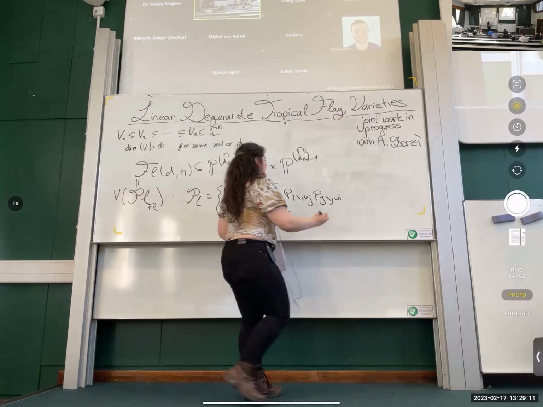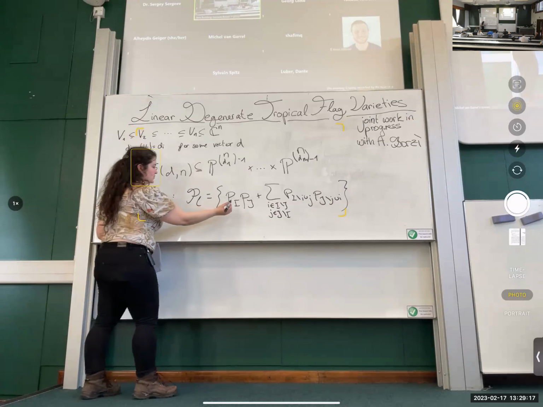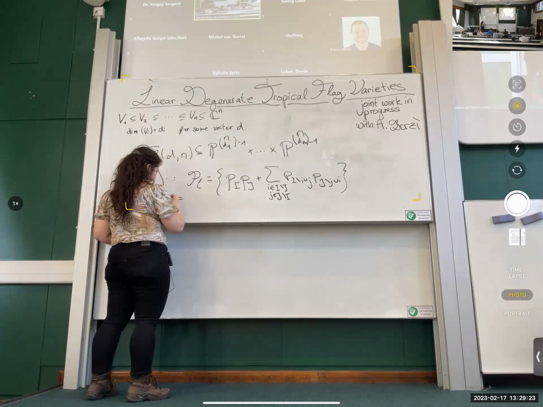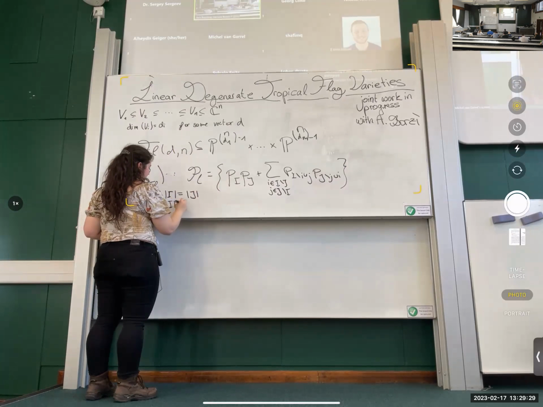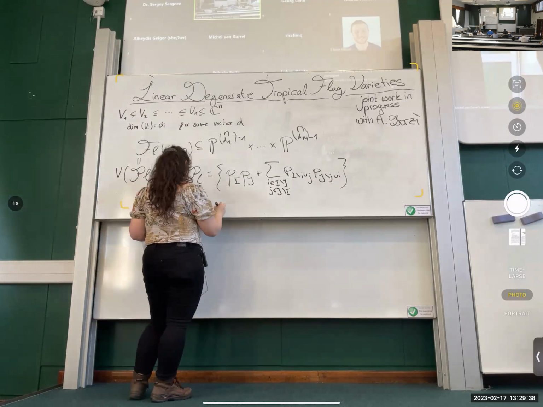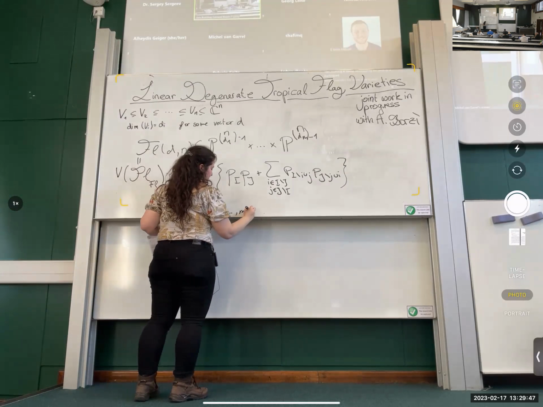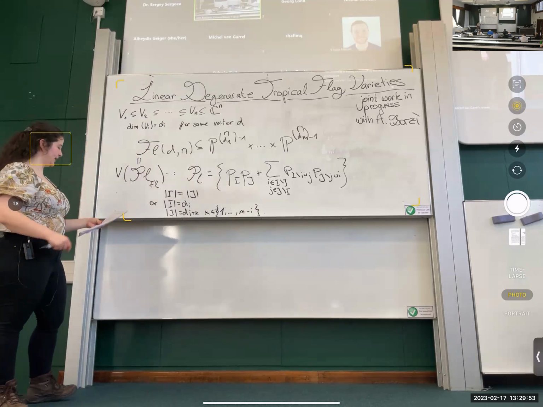And now to generate the flag variety from these Plücker relations, we choose sets I and J such that either the cardinality of I equals the cardinality of J, or the cardinality of I is d_i and the cardinality of J is d_{i+k}, where k is in 1 up to m minus i. So we get a bunch of algebraic relations that generate my flag variety here.